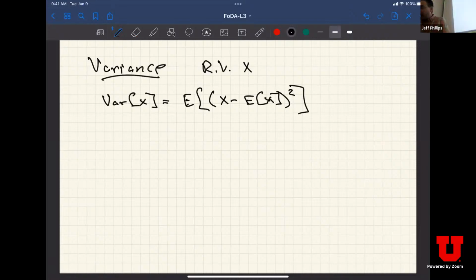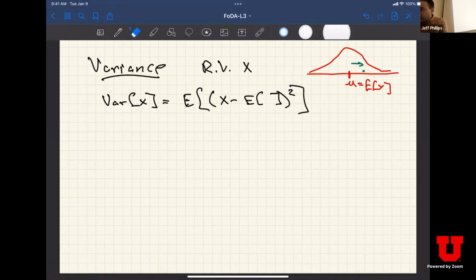It's fun to draw pictures of continuous things because you can see them pretty well. The mean would be the expected value of X, and I want to know the average squared deviation from this mean, or the expected value of how far I am from the mean squared. Yes, in the parentheses is the expected value of X. Let me make sure that's clear.